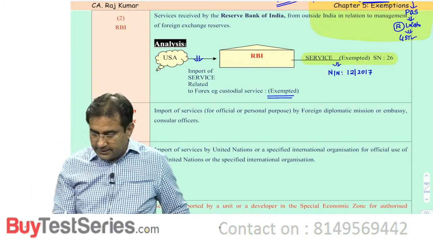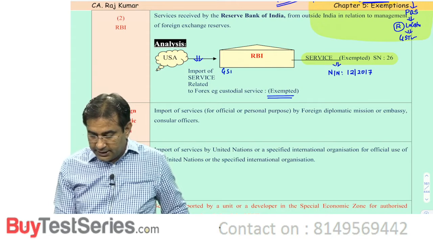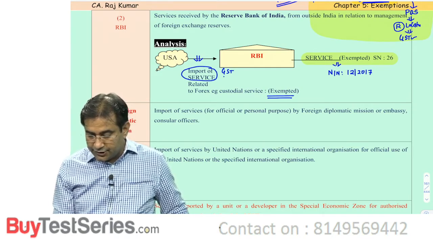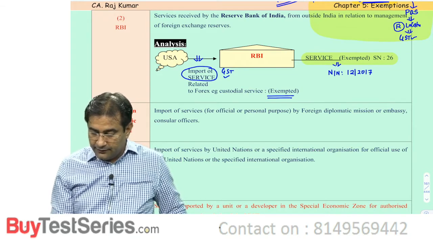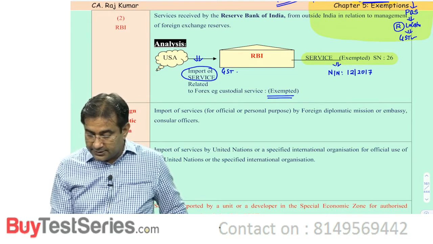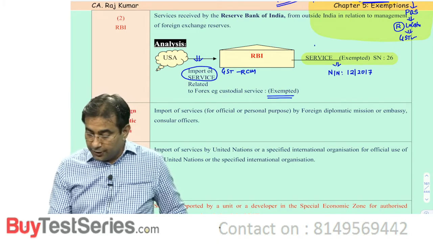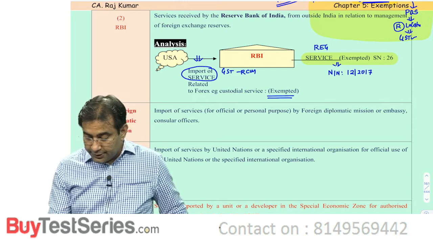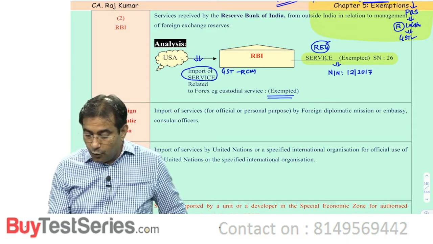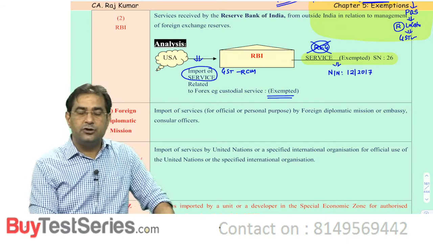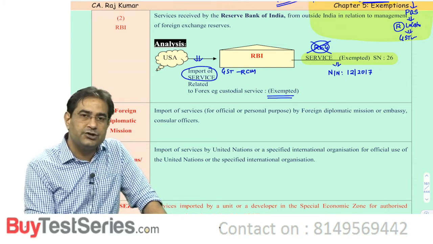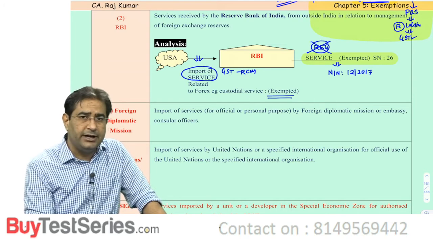Sir, if it is not exempted, then it is liable to GST, and it is basically import of services, so it will be covered under reverse charge mechanism. Reserve Bank of India is not required to get registered for its own outward supply, because it is engaged in making exclusively exempted supply.